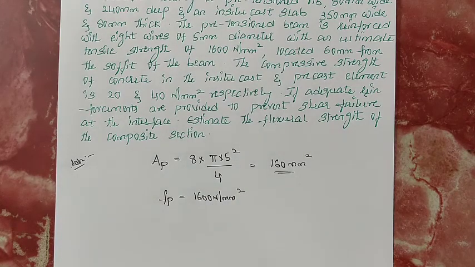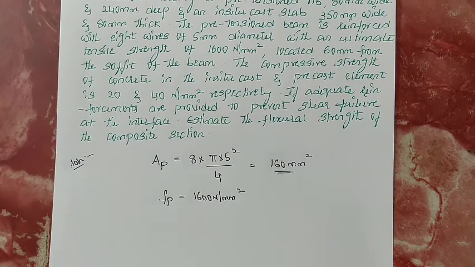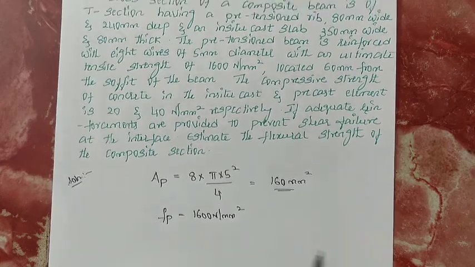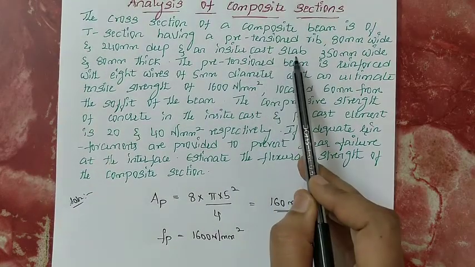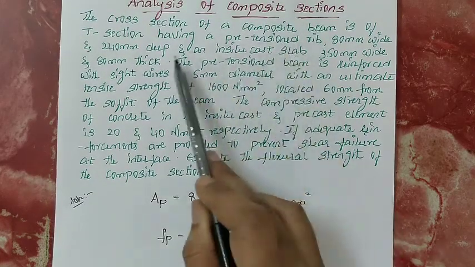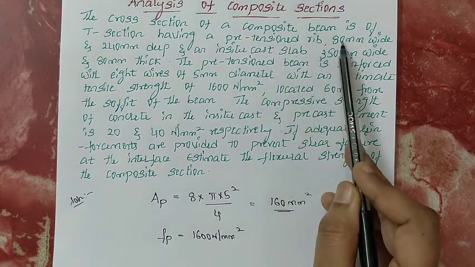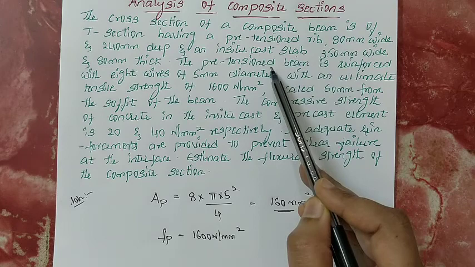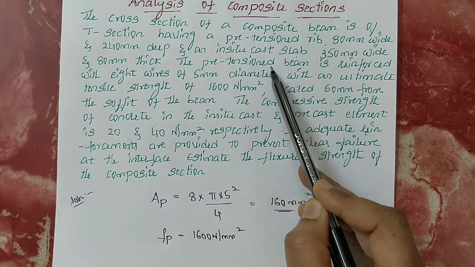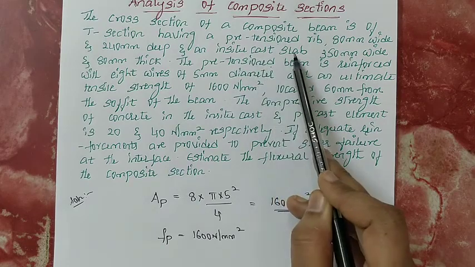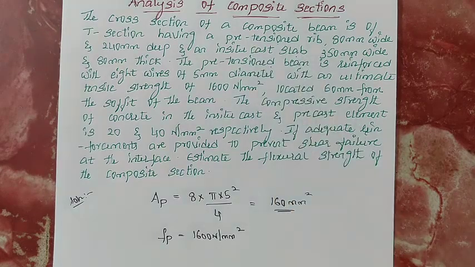Next, you need to consider the width as well as the depth. Here it is a composite section, consisting of an in situ cast slab as well as a pre-tensioned beam. Compare those two cross-sectional dimensions. You need to consider the higher width as well as the higher depth of the in situ cast slab and the pre-tensioned rib.